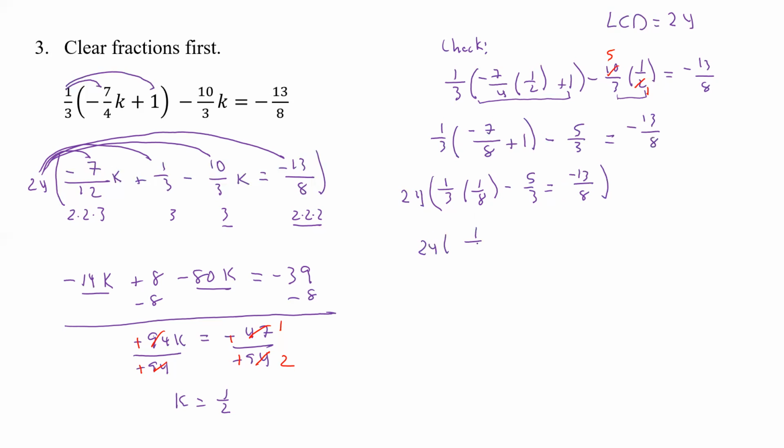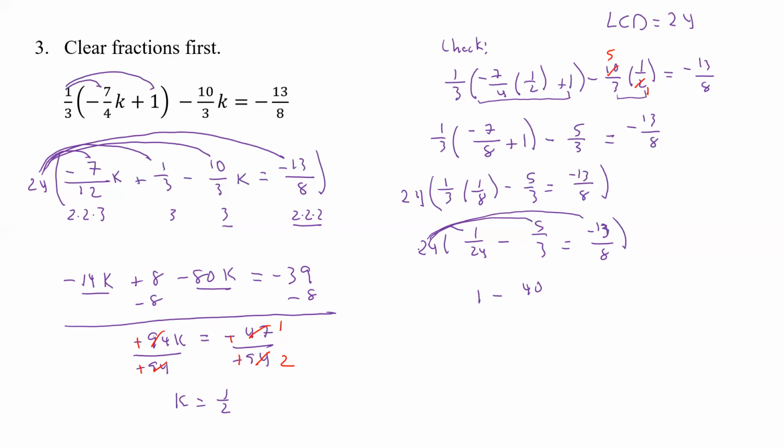So 24 times 1/24 minus 5/3 equals negative 13/8. So now when we distribute, we don't have multiple things to multiply there. So 24 cancels. We have 1 minus. Here we have 3 goes in there, 8 times 5 is 40. That's just minus 40.